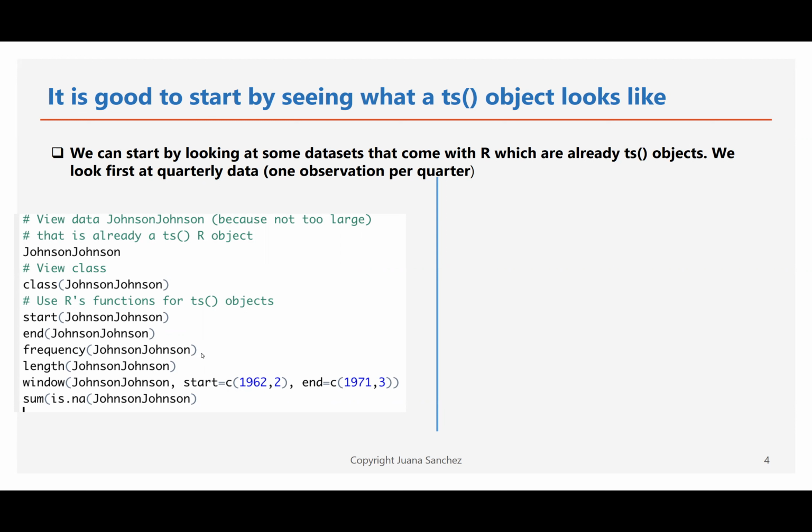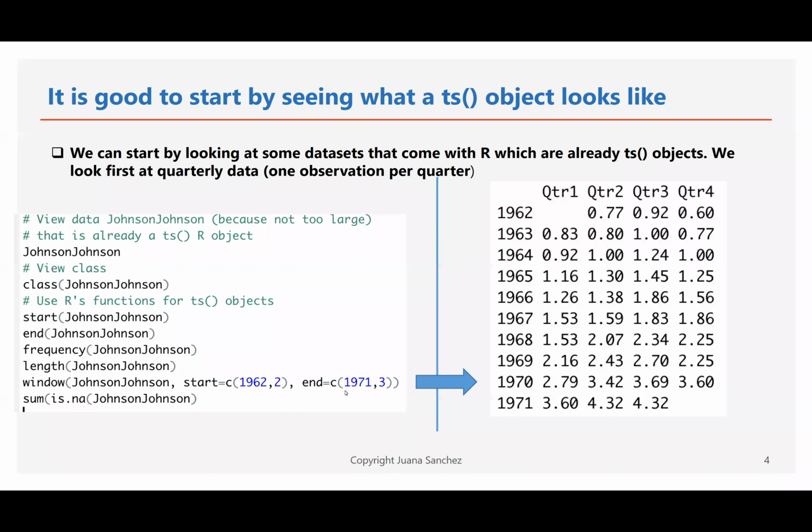The frequency of Johnson & Johnson is going to be 4. That means 4 observations per year. The length of Johnson & Johnson is going to be 84, as we said. If you type window Johnson & Johnson, start 1962 quarter 2, ending 1971 quarter 3, then you will get this data set. This is a subset of the whole Johnson & Johnson time series.